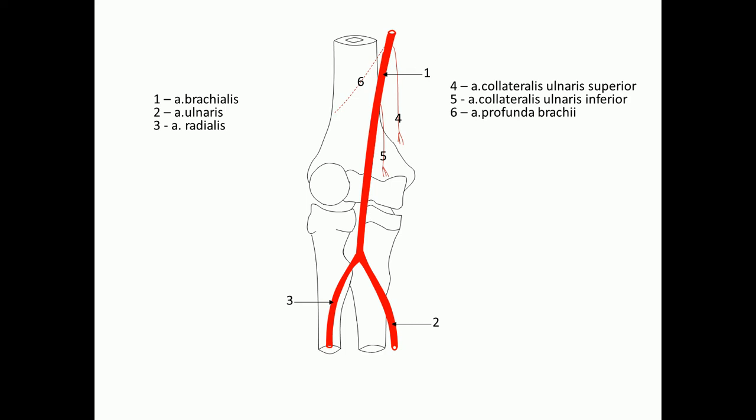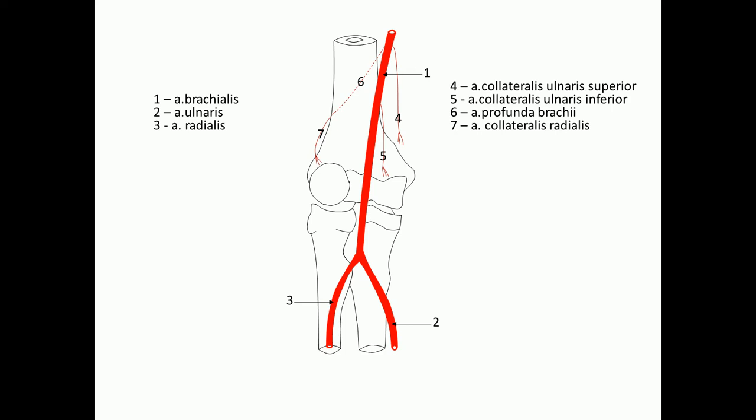It means we can't see it through the bone, and we only draw it here, but nevertheless it couldn't be seen from the front view. And the ending of arteria profunda brachii could be seen, it's number 7, arteria collateralis radialis.